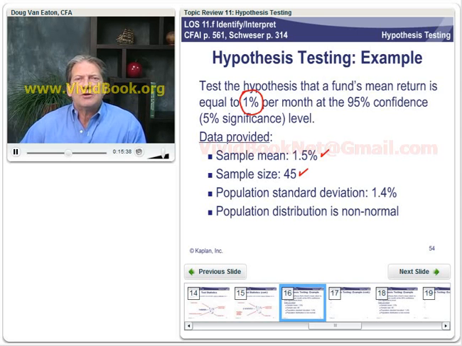We have our sample standard deviation of 1.4, and our population distribution is non-normal. So we don't know that we have a normal population distribution, but we have a sample size of 45. So that's a good sample size, and our population standard deviation is 1.4%.